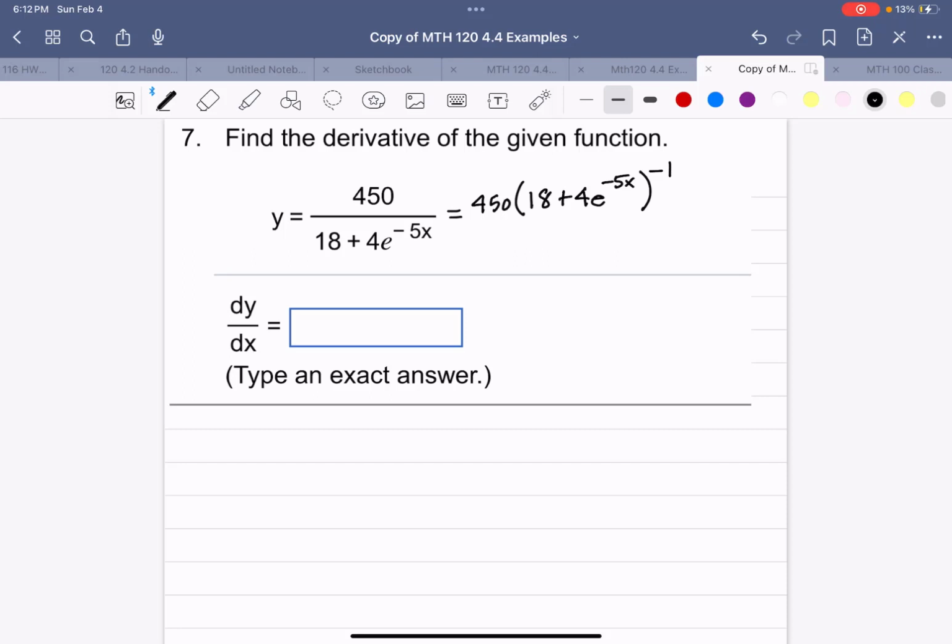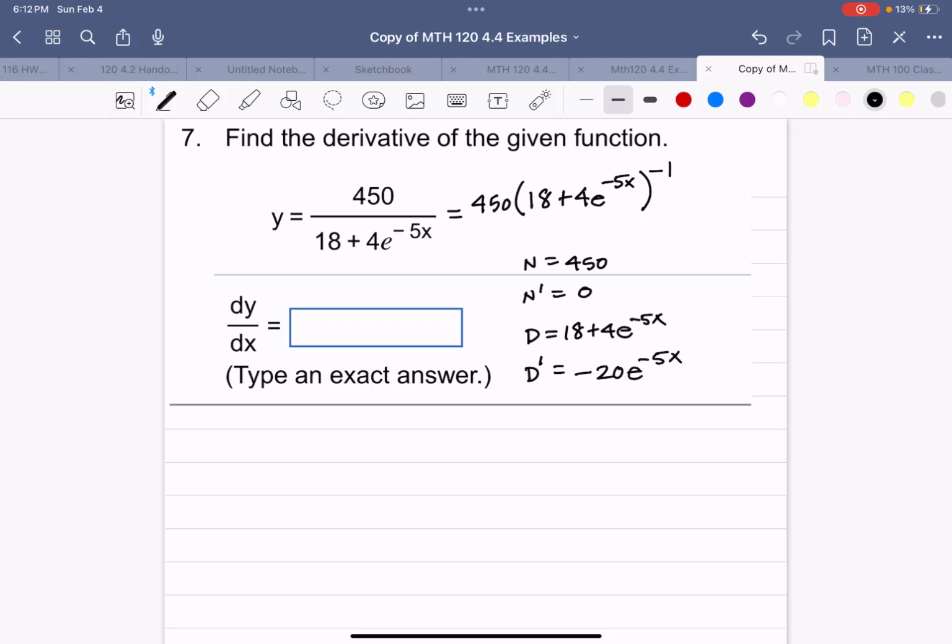and the chain rule. Or I can leave it as is, call my numerator 450, understanding that my numerator derivative is going to be a 0. My denominator is 18 plus 4e to the negative 5x, so my denominator's derivative is negative 20e to the negative 5x.